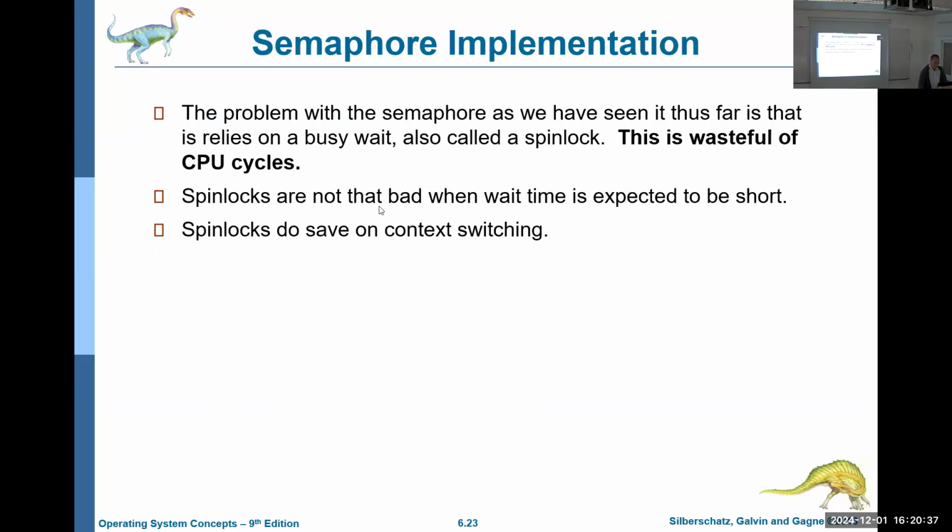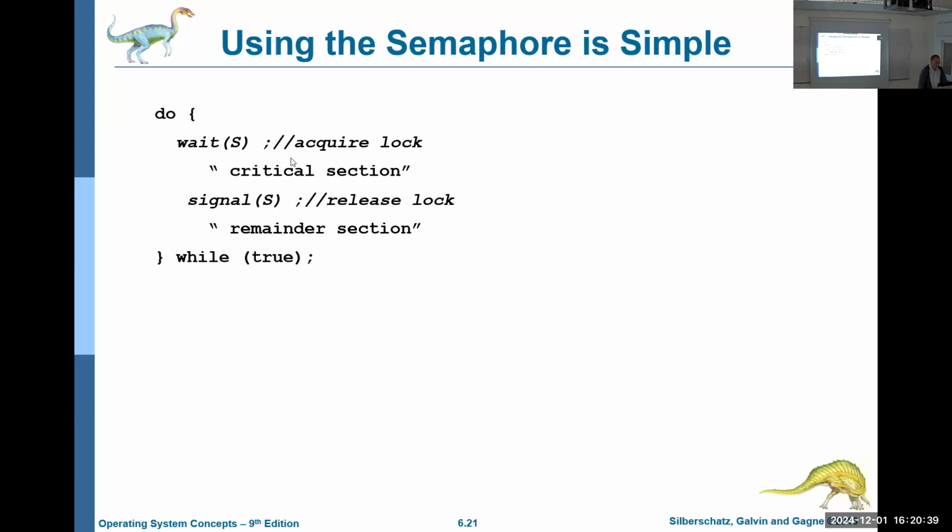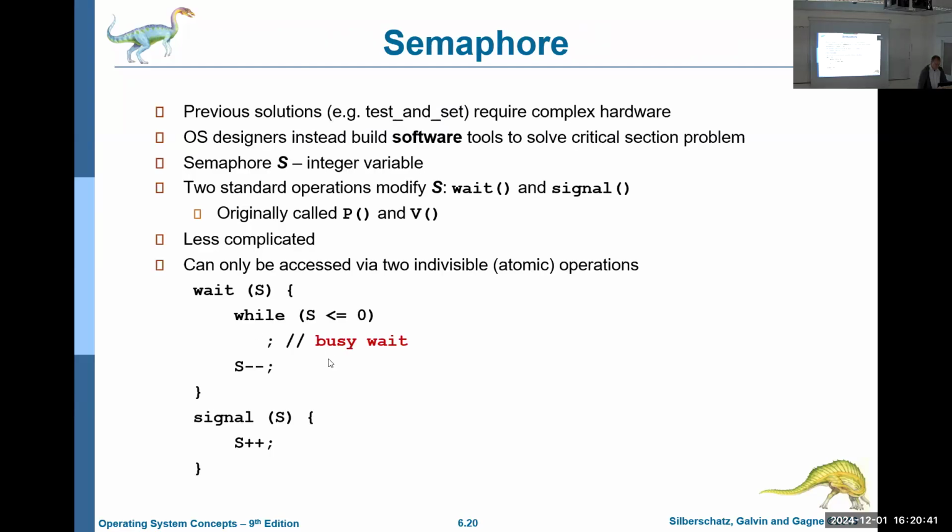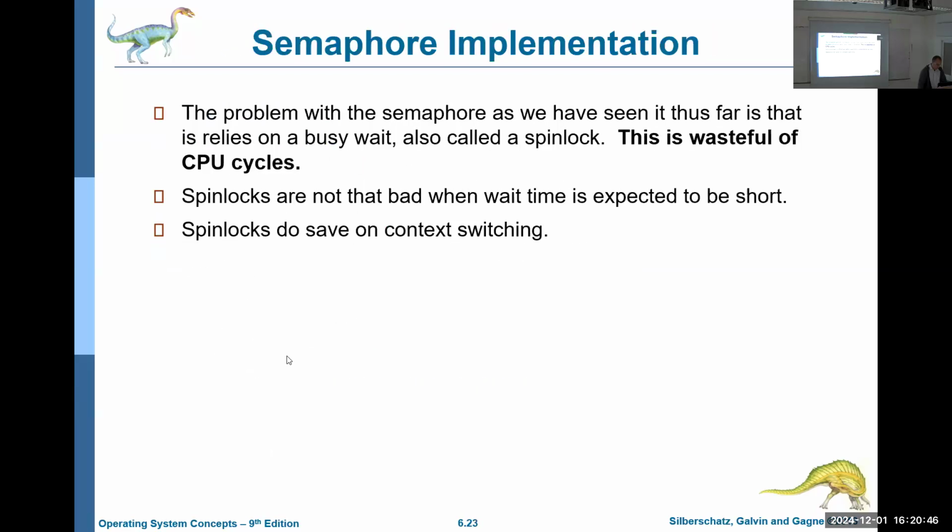But anyway, as I said here, this is all wasteful because we're relying on this implementation, which has busy waiting, which is taking a lot of time. Therefore, spin locks are not so bad when the wait time is expected to be short, because if we're going to wait for only a few spins of the spin lock, then it's not so bad. And after all, they do save context switching, because if I would go into a real wait, let's say an IO kind of wait, remember when we wait for IO, what happens?